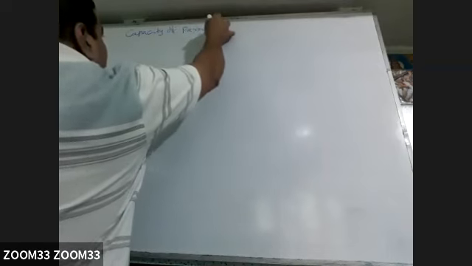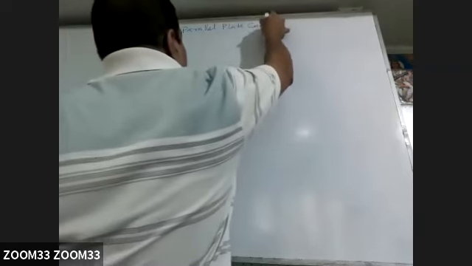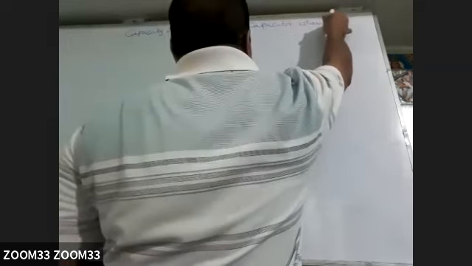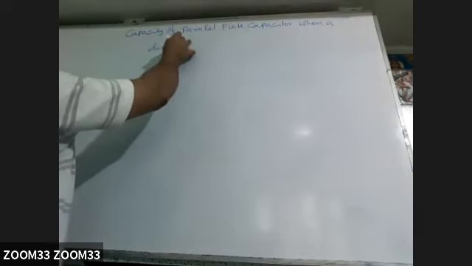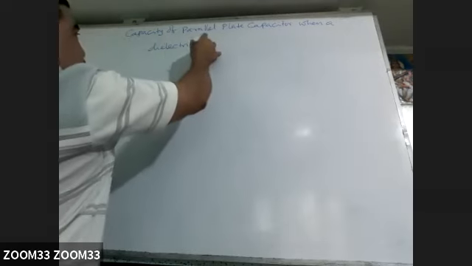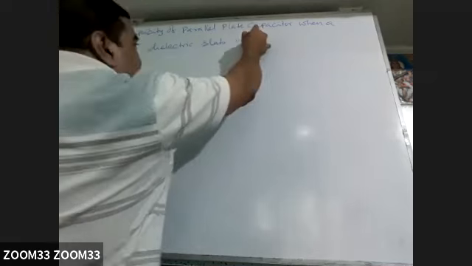So first will be the capacity of a parallel plate capacitor when a dielectric slab is placed.